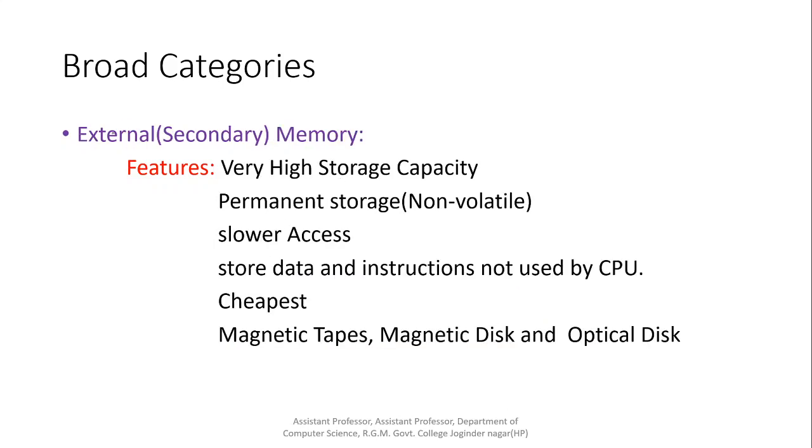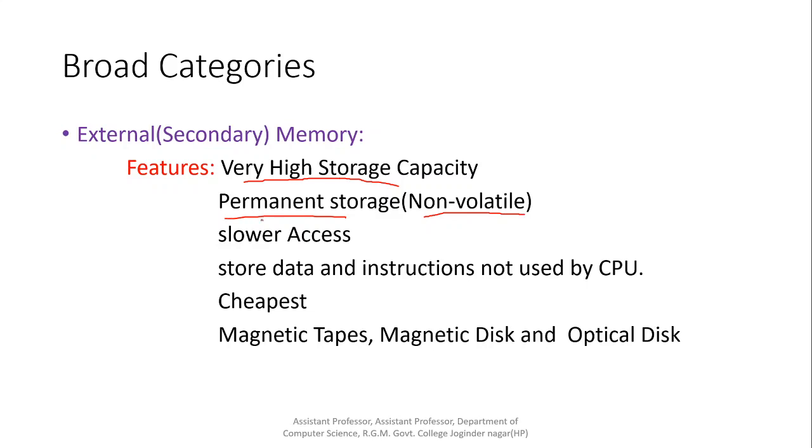Next we have external memory. The main features of external memory: they have very high storage capacity, and they are permanent storage, meaning they are non-volatile in nature, so when power goes off, the data stored in this kind of memory is not deleted.